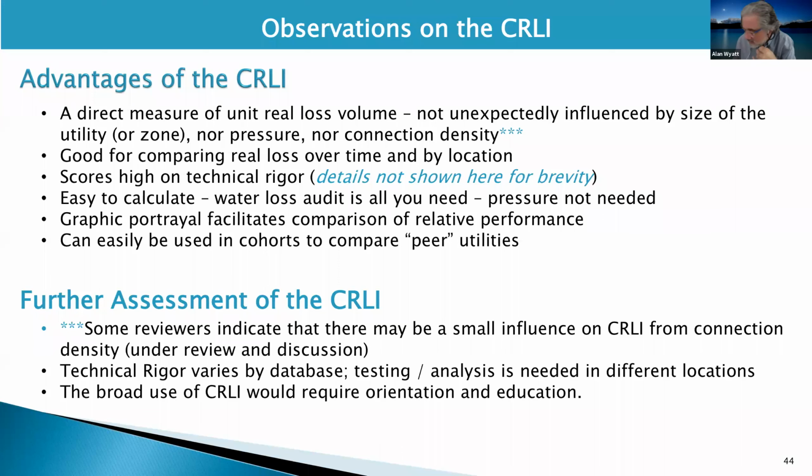I was contacted yesterday by a group from another city in Ontario that's looking at this in terms of DMA performance. But it's not fully vetted through a full peer review or technical review yet.